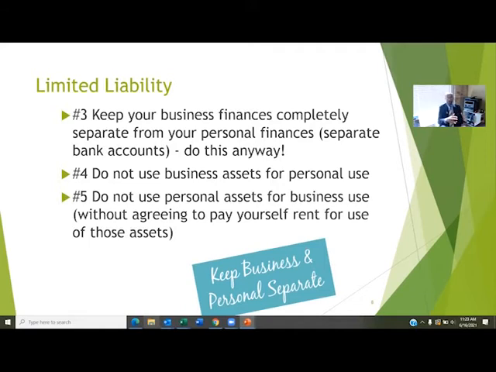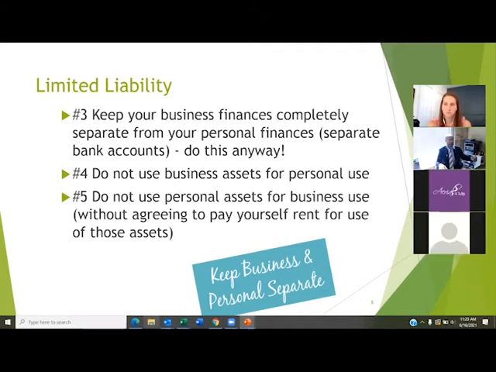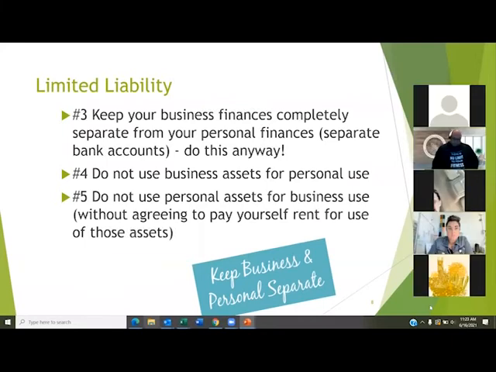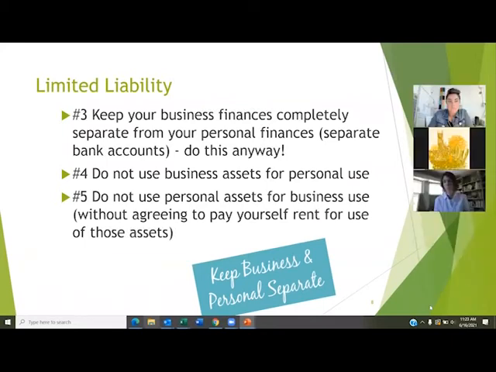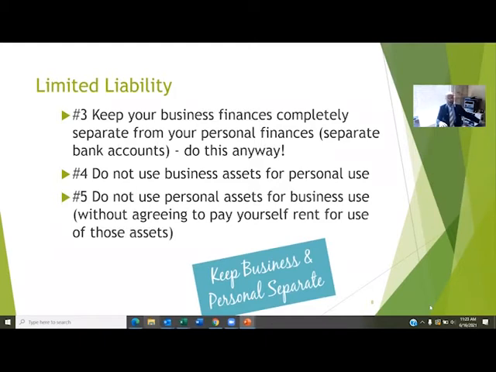Next thing you know, you lose time to properly account for everything, and you're paying your household light bill with your business account, or buying groceries for your family with your business money, or vice versa. Now you're mixing personal and business together, and you lose the protection of the limited liability. So if something happens and you get sued, everything is subject to risk because you don't have that big veil of protection over your personal assets.